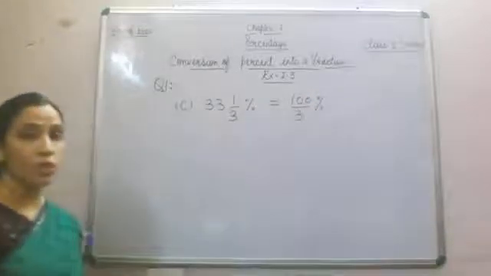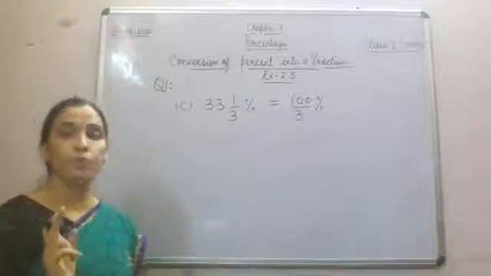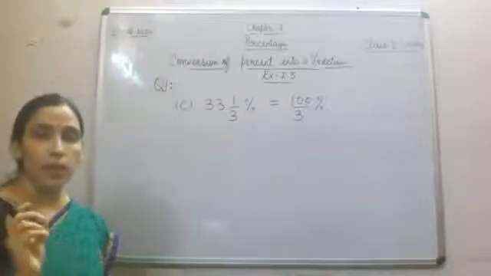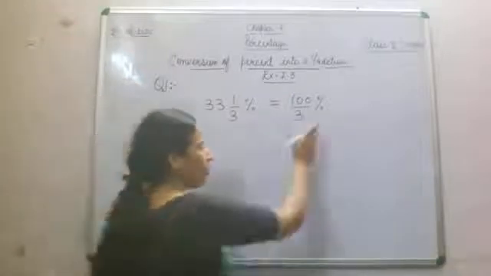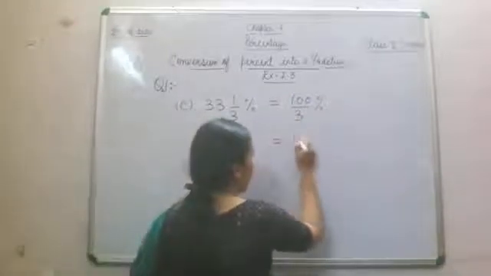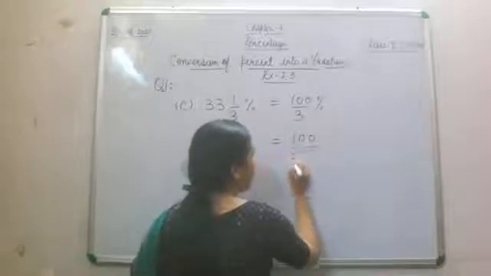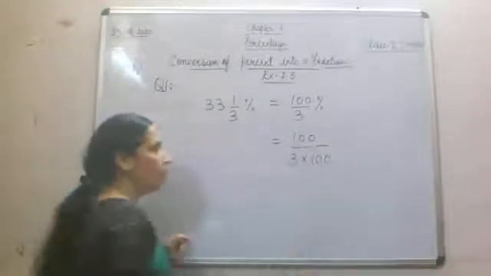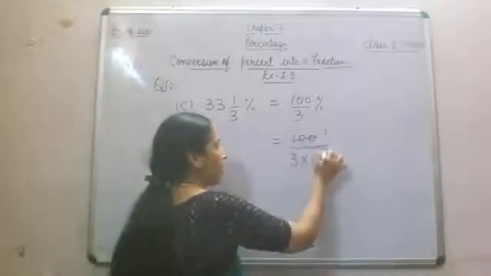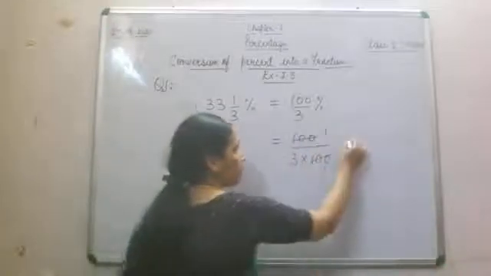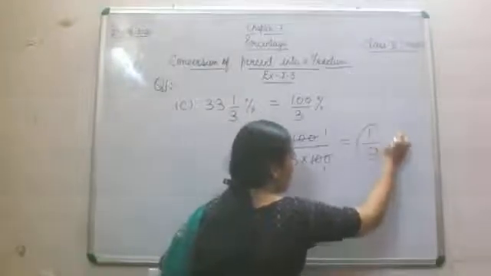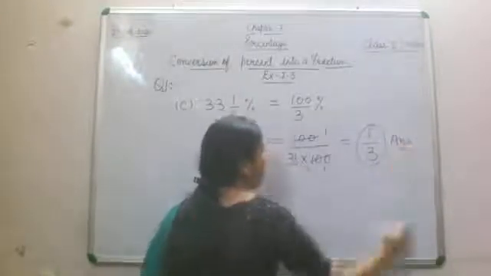Now for changing it into fraction, we will remove this percentage, and we will write 100 in the denominator. Now this 100 can be cancelled with this 100. So what is the fraction? We got 1 by 3 as an answer.